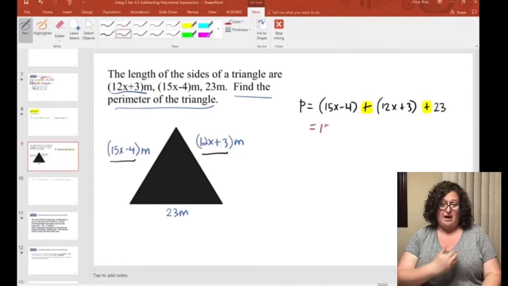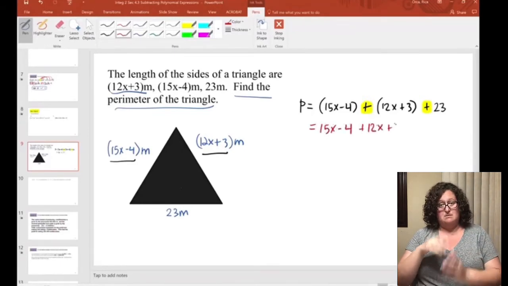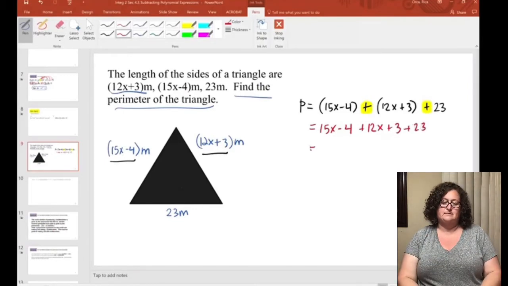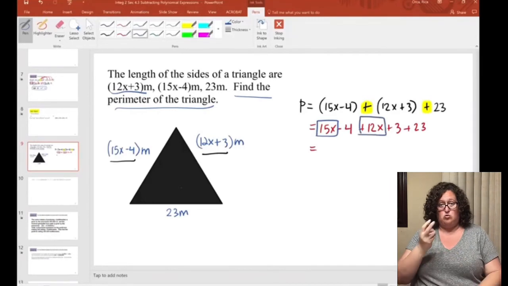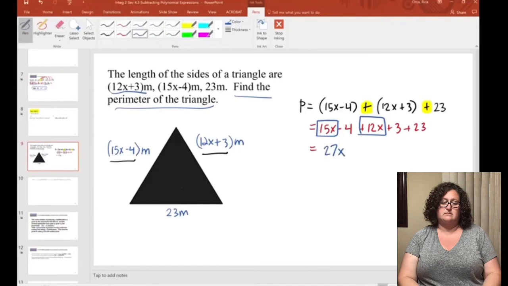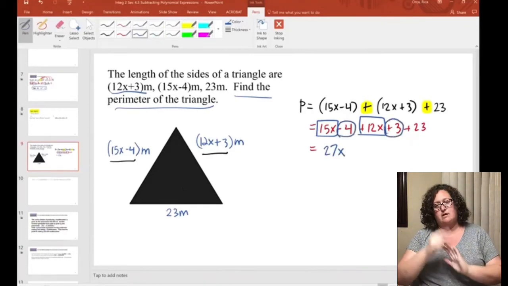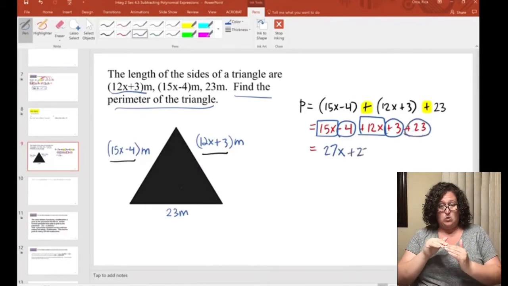So we have 15x minus 4 plus 12x plus 3 plus 23. Now let's combine like terms. 15x plus 12x is 27x. Negative 4 plus 3 is negative 1. Negative 1 plus 23 is positive 22.